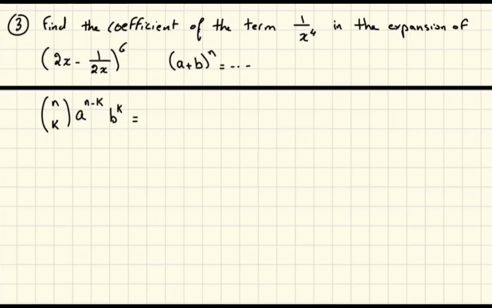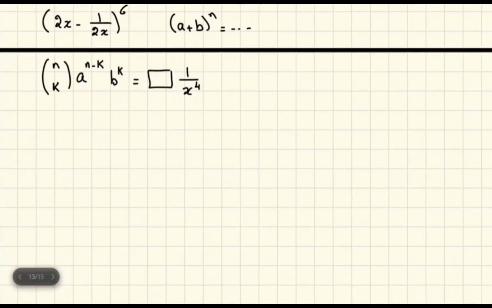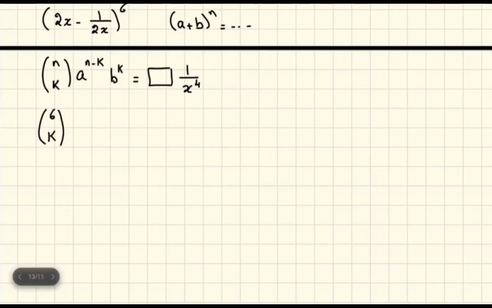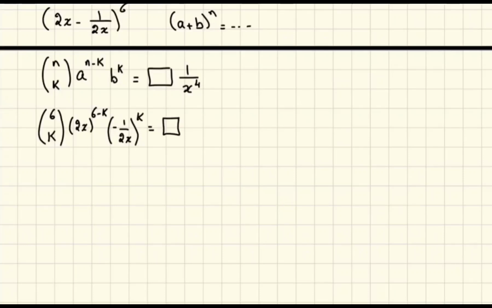And I expect when I simplify, I should get a box, which is the coefficient, multiplied by 1 over x exponent 4. Now, we're going to replace n by 6. k is the one we're looking for, and then a in this case is 2x exponent 6 minus k. The b in this case is minus 1 over 2x. Please don't forget the minus when doing these questions. And I know that the answer will be box multiplied by 1 over x exponent 4.